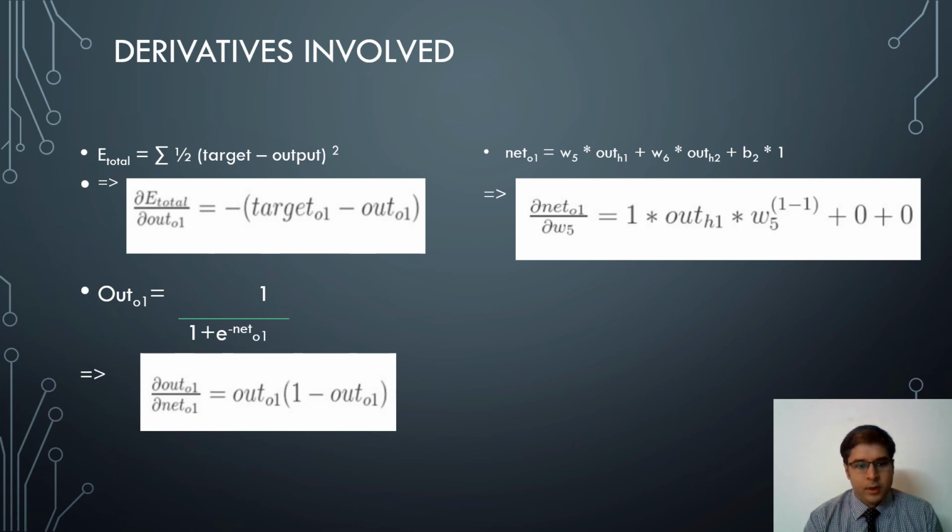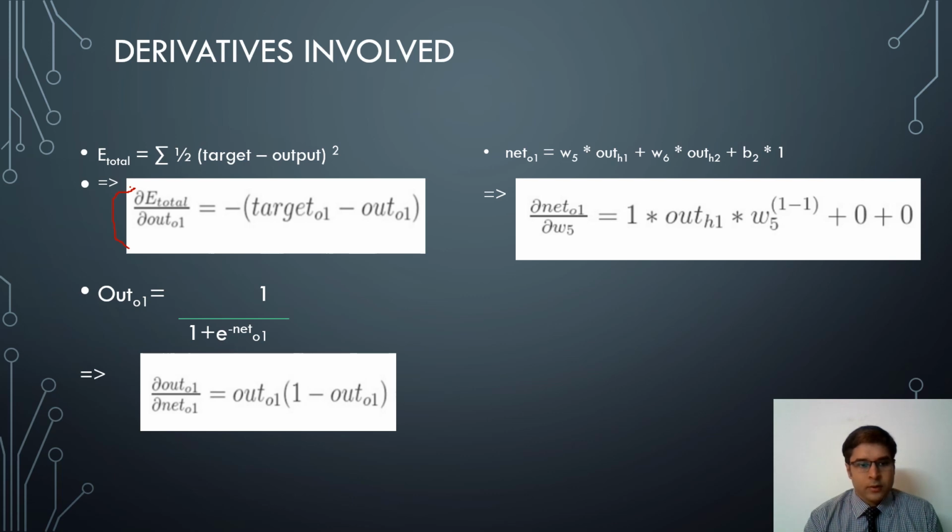If we remember the mathematical foundations class, the partial derivative of a function with respect to a variable is taken considering that variable alone, not the other variables involved in the function.